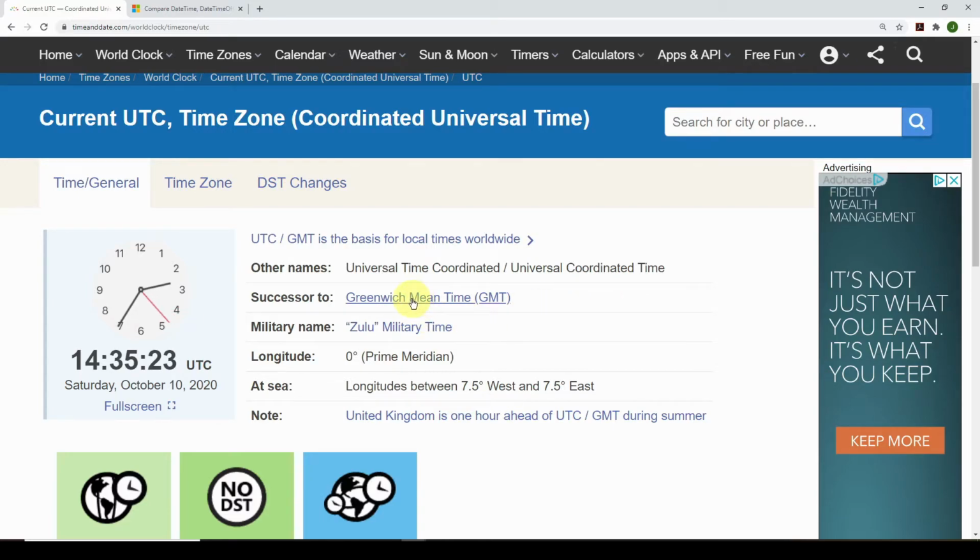It's just a fixed time that never changes based on the time of year or anything else, or location. So again, it is the successor to Greenwich Mean Time. It's called Universal Coordinated Time, and it is a great way to refer to a single reference that everybody can use, that is uniform and doesn't change.